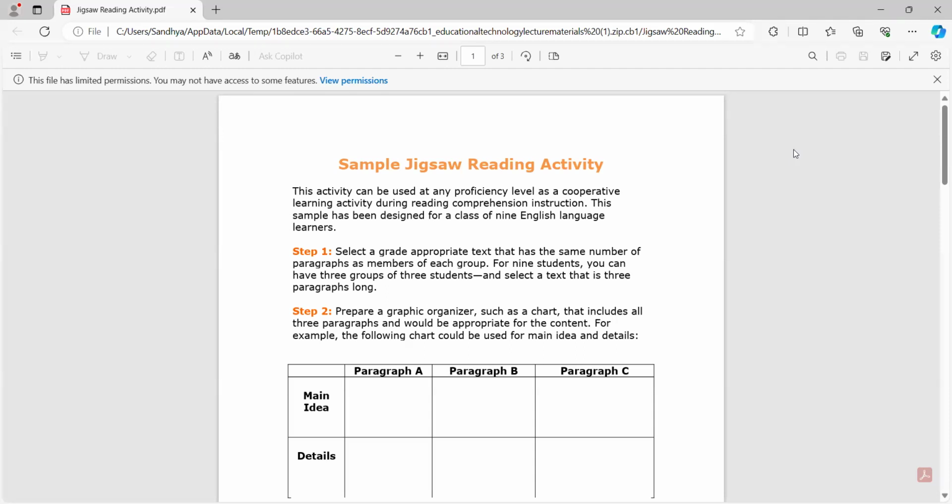How many jigsaw groups will be there in the class? 5. Yes, 4 into 5 members in a jigsaw group, 20. So there will be 5 jigsaw groups, and each jigsaw group will have 1, 2, 3, 4 members.